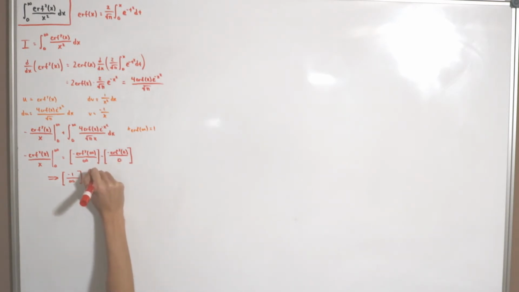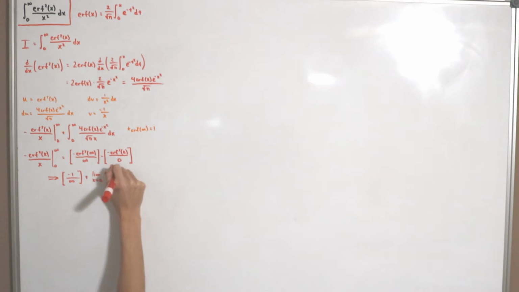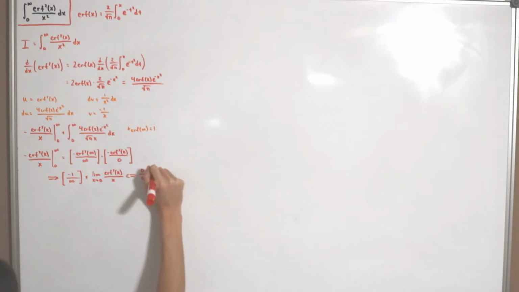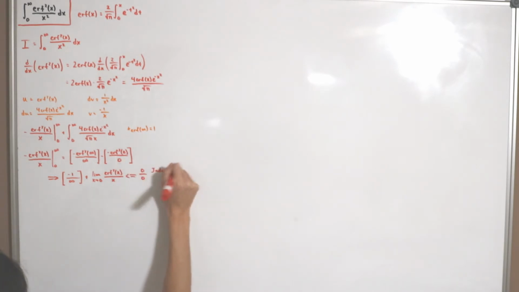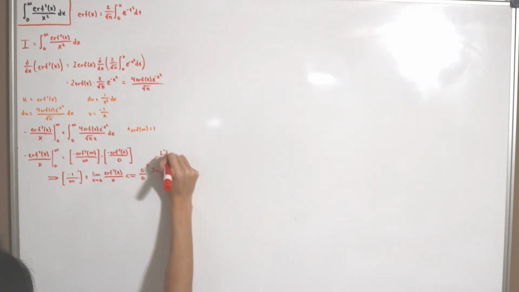Let's write this in terms of limits. The limit as x approaches 0 of the error function squared of x divided by x, which we see is 0 over 0. This is an indeterminate form. So over here, L'Hopital's rule.